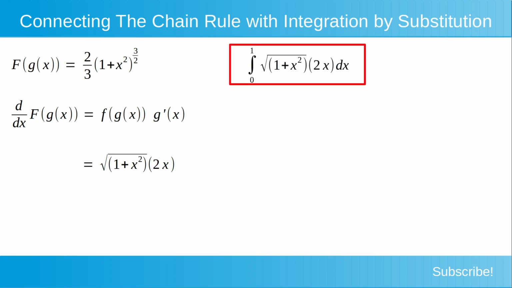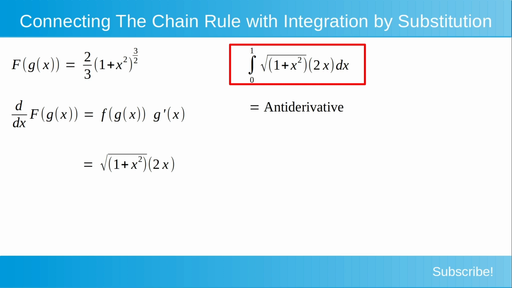Now, similarly, shown here at the top right of the screen now, we have the definite integral from 0 to 1 of that same function with respect to x. Now, in order to evaluate this definite integral of that same function with respect to x, for our first main step, we're trying to find an antiderivative of that function.